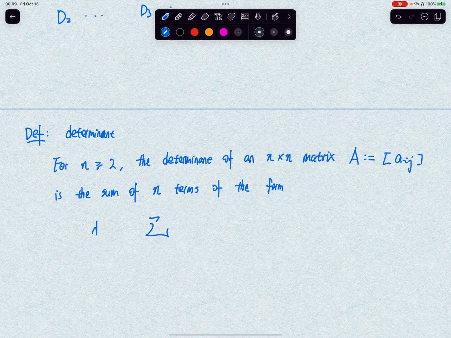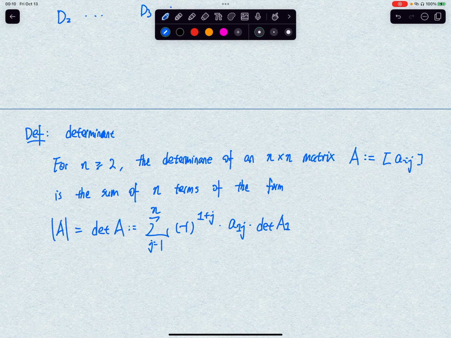That is the determinant of A. This looks like the absolute value of A, but since A is a matrix, we use this notation to represent the determinant of that matrix or that linear system. So both are defined by the sum over j ranging from 1 to n of minus 1 to the power of 1 plus j times a1j times the determinant of A1j.